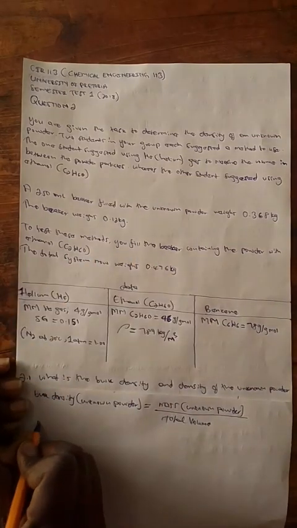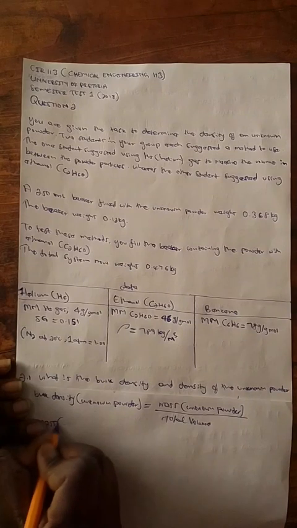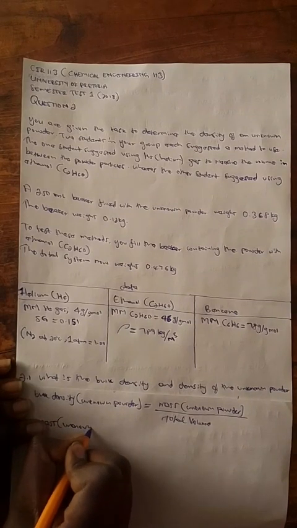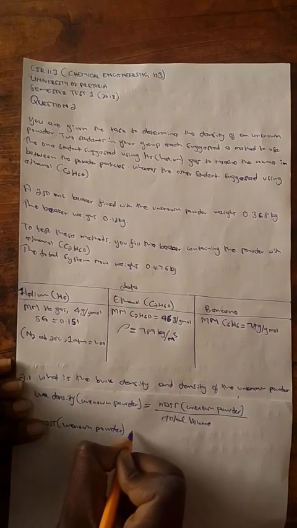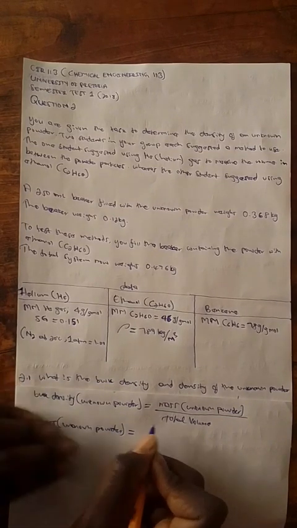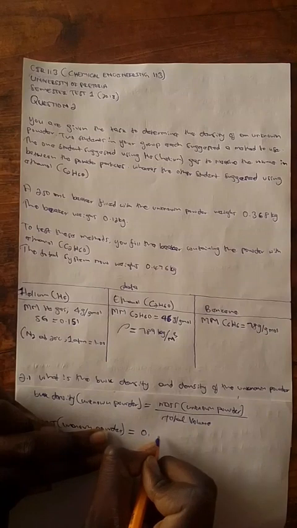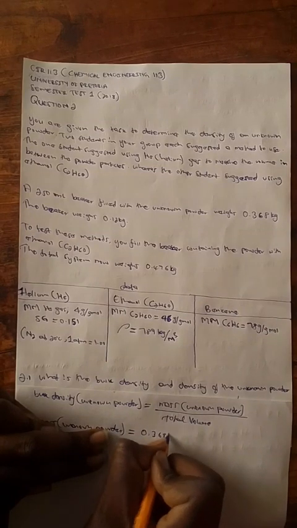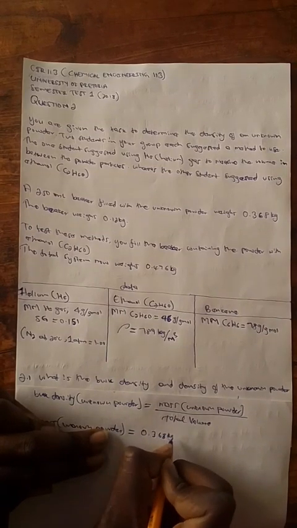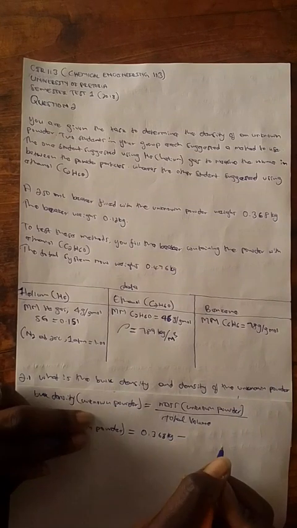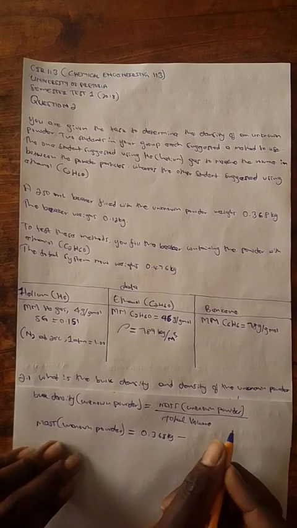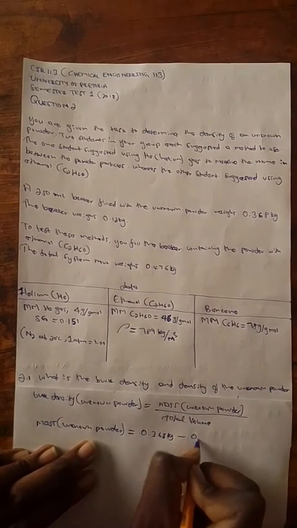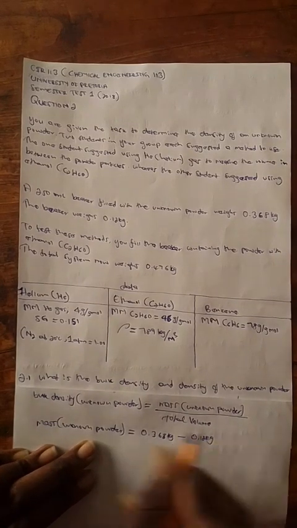So I can just say the mass of the unknown powder is equal to 0.368 kilograms minus the mass of the beaker, which is 0.12 kilograms.